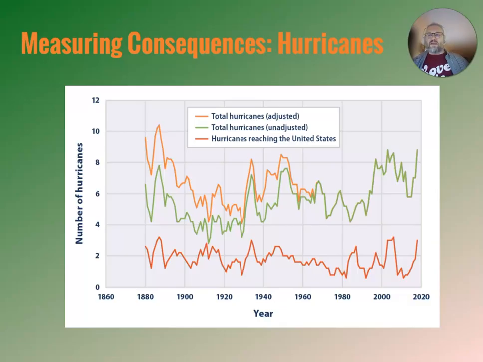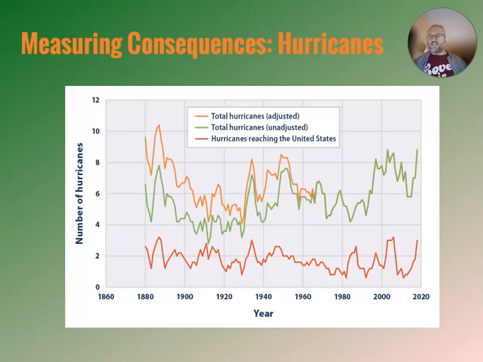And you may be thinking, I've been hearing about the 1970s a lot in this lesson, and this is another case that hits in the 1970s because that's when we started having satellites regularly observing the Earth. And so once we have satellites, those satellites can see a hurricane regardless of where it is in the ocean. So those satellites have enabled us to easily count all of the hurricanes, even if they didn't hit anybody, even if no person experienced that hurricane.